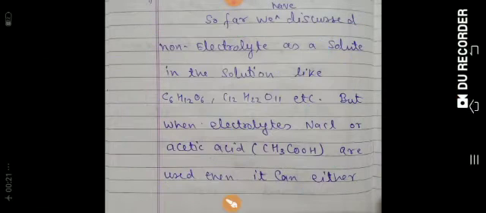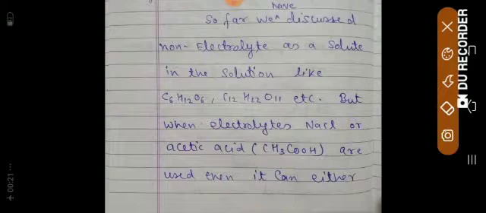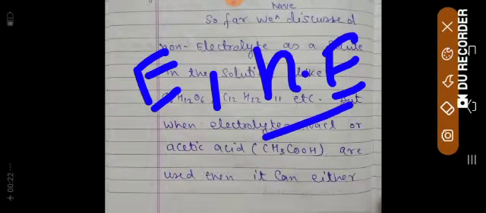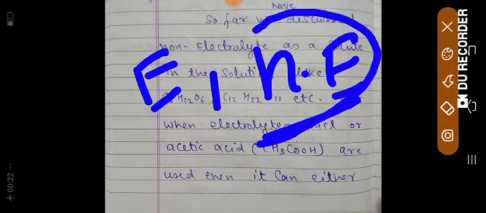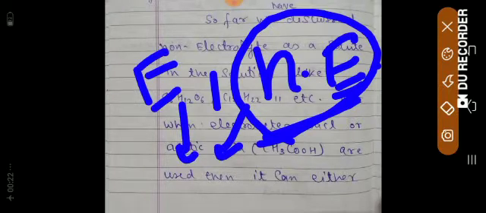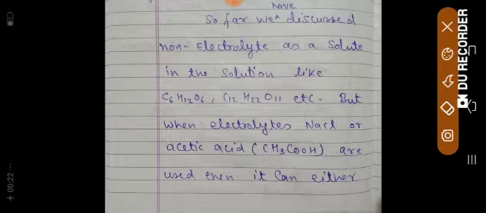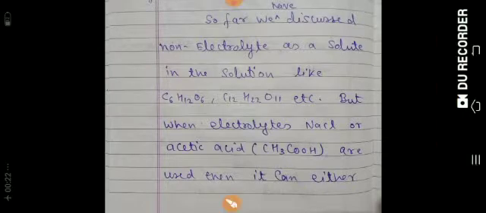So there are 2 things, students: electrolytes and non-electrolytes. We discussed all the formulas of colligative properties in the last 4 videos for non-electrolytes like glucose and cane sugar, which neither dissociate nor associate. But that formula is not valid for electrolytes like NaCl or acetic acid, so we have to modify it. How I will do this, you can see in this video.